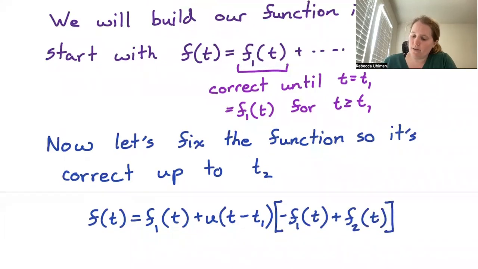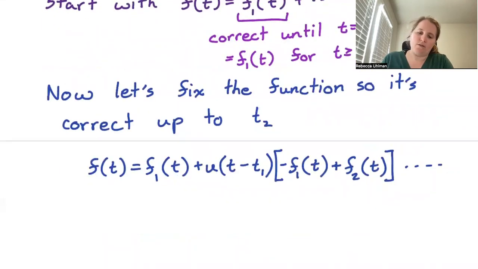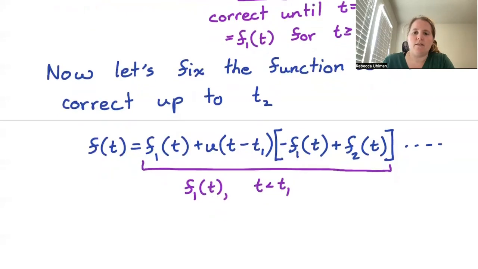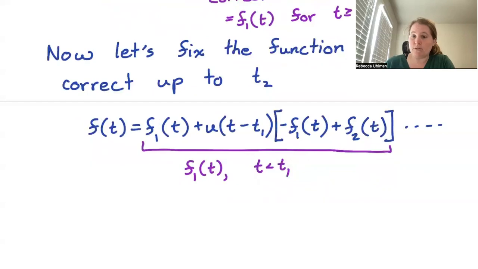And then we don't know what'll be after. So putting this all together, this now will be f1 of t for t less than t1. Then for t1 to t, for greater than t1.